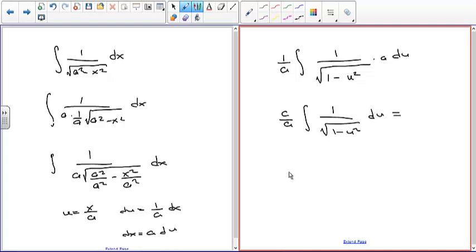And the integral of that is just going to be equal to the arc sine of u plus c, and then u is equal to x over a plus c.